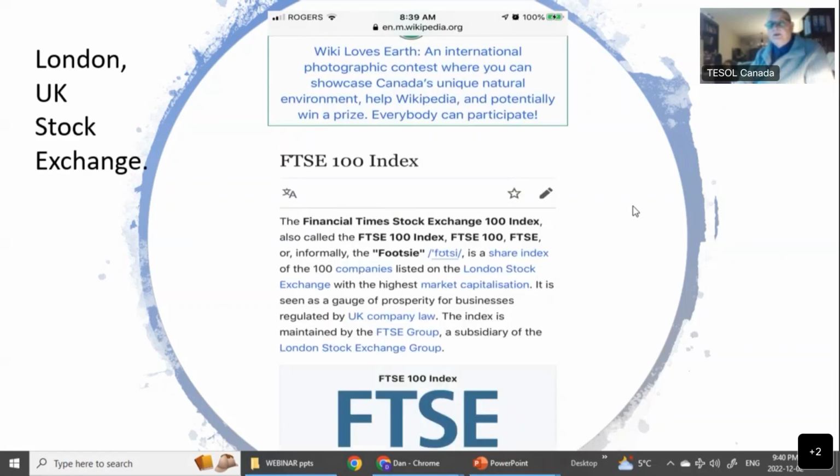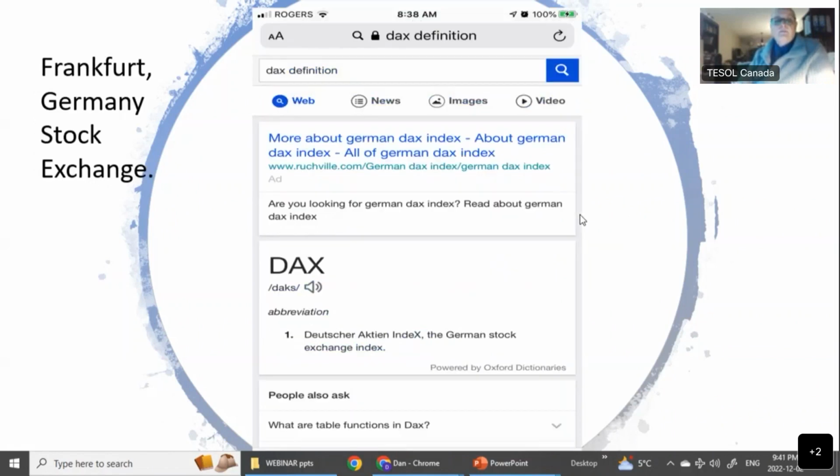In London, England, the UK Stock Exchange, known as the FTSE, which stands for the Financial Times Stock Exchange 100 Index, that's the stock market in the UK. And then in Frankfurt, Germany, the stock market is called the DAX. That is their big stock market.